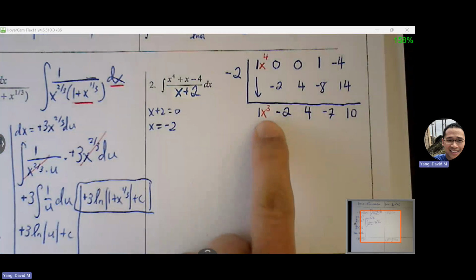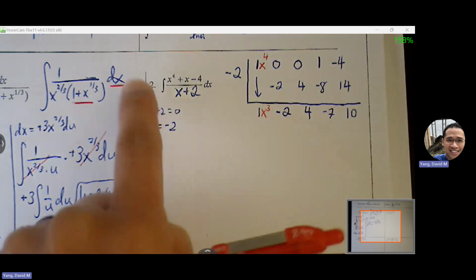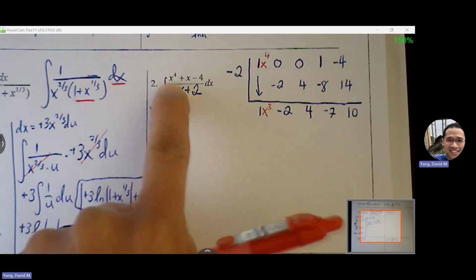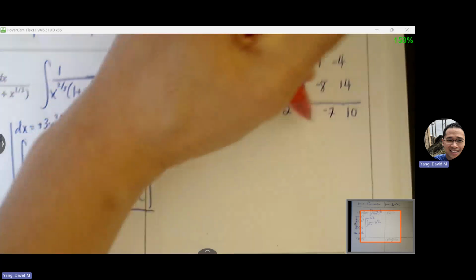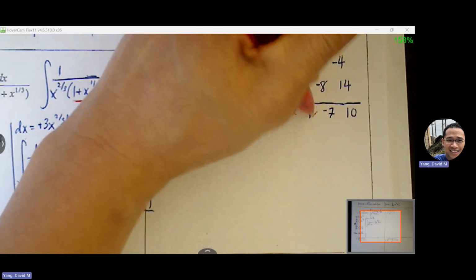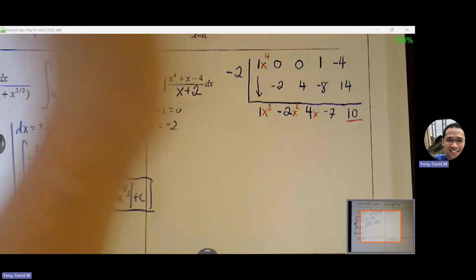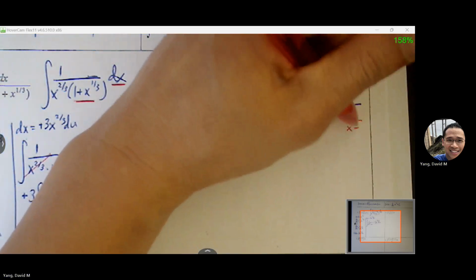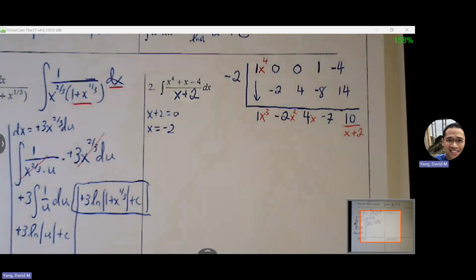So make sure that the starting degree of the result of your synthetic division is one lower than your numerator that you started with. So this is x cubed, this is x squared, this is x, this is constant, and then finally my remainder.